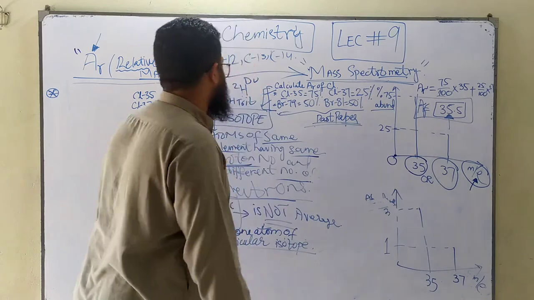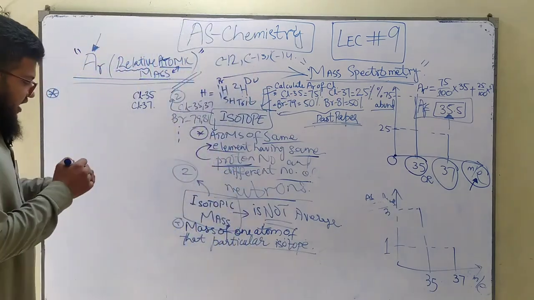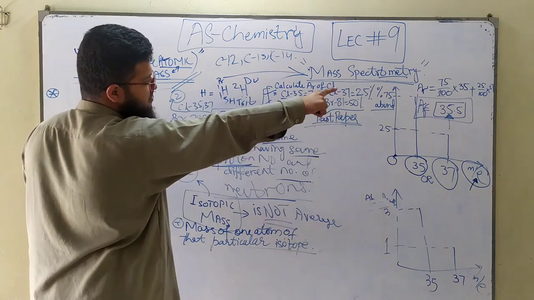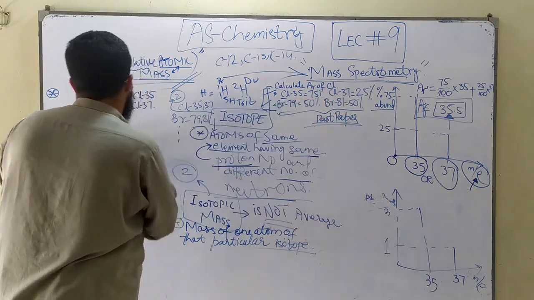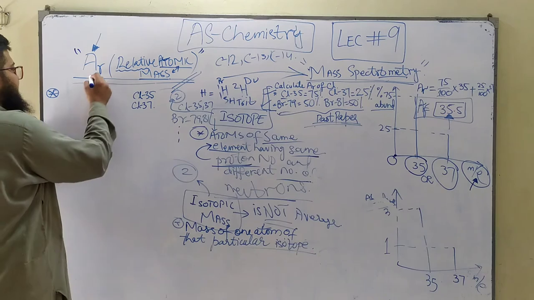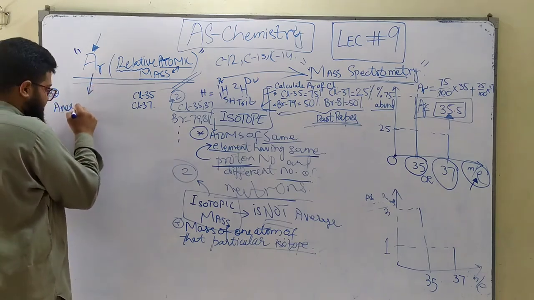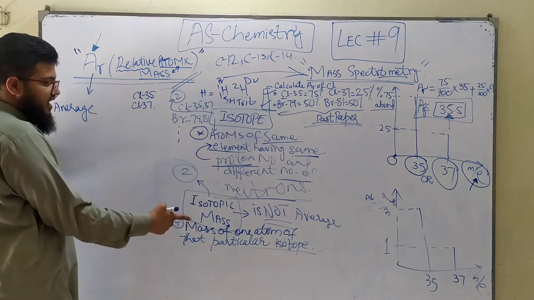Now let's come to the definition of relative atomic mass. We've looked at the methodology of calculating relative atomic mass, in particular for chlorine. Now, coming to its definition. Relative atomic mass by definition is the average weighted mass. It's an average, okay? Isotopic mass was not an average.